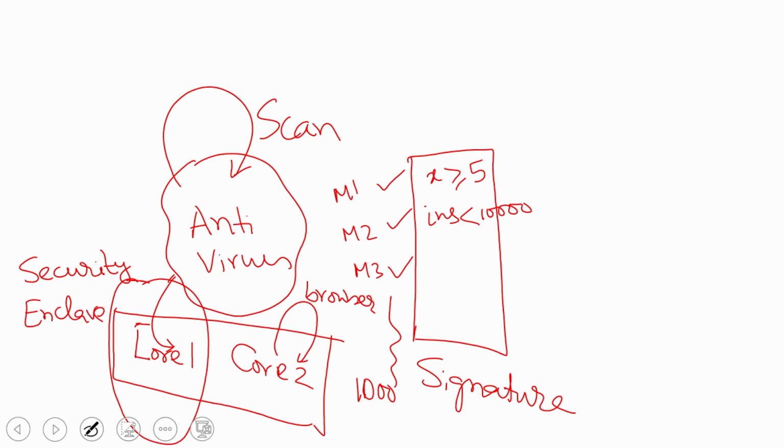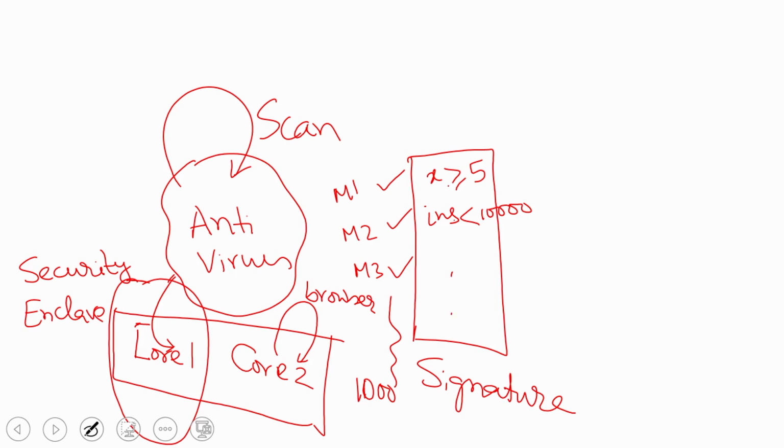The job of this antivirus software is to monitor what other programs are running in other cores, and while they are running, what their footprint is, what they are doing, and whether any of them match any of my signatures.